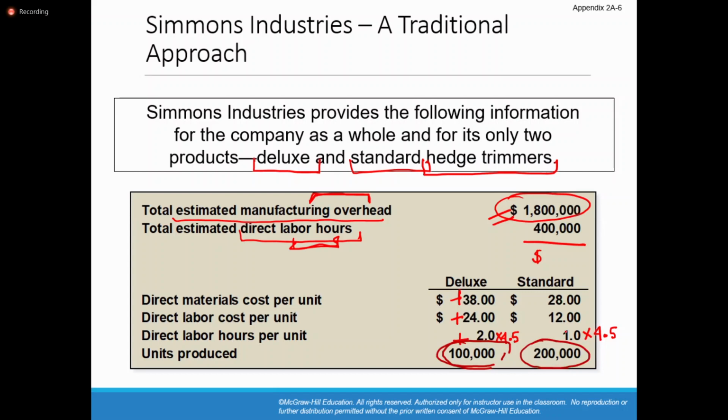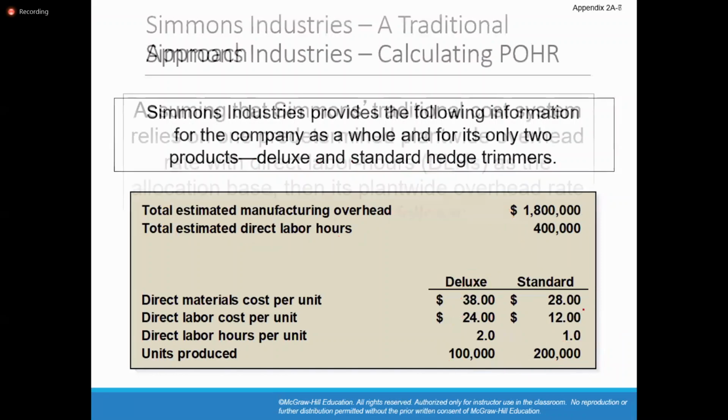So what we need to do? We need to divide the total manufacturing overhead cost applicable for deluxe product based on the activity-based costing, and we need to divide that number by the number of units to be produced in the deluxe category, and in the same way for the standard category.